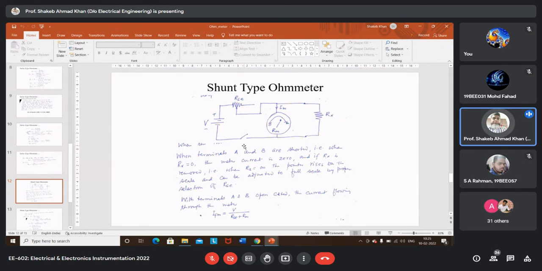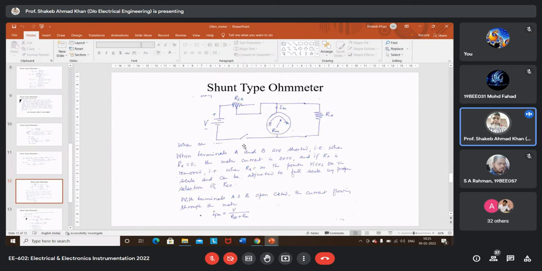So we discussed the deflection mode and two configurations of the bridge that suit dynamic measurement: the voltage sensitive bridge and the current sensitive bridge. But the privilege of independence from variation in excitation that the null mode had, this deflection mode of operation will not have. All these things we discussed in Wheatstone bridge.